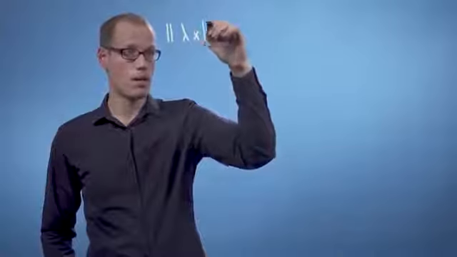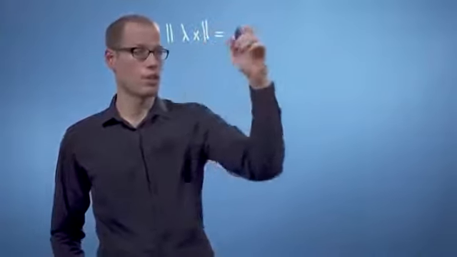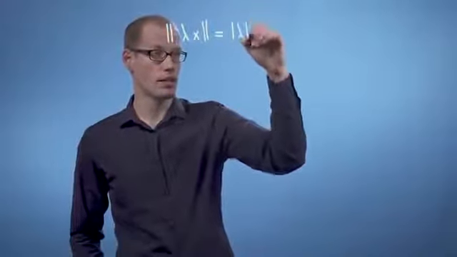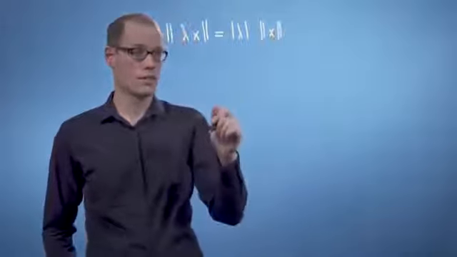The norm that we just looked at also has some nice properties. Let me write a few of those down. So in particular, one of the properties is that if we take a vector and stretch it by a scalar lambda, then the norm of this stretched version is the absolute value of lambda times the norm of x.